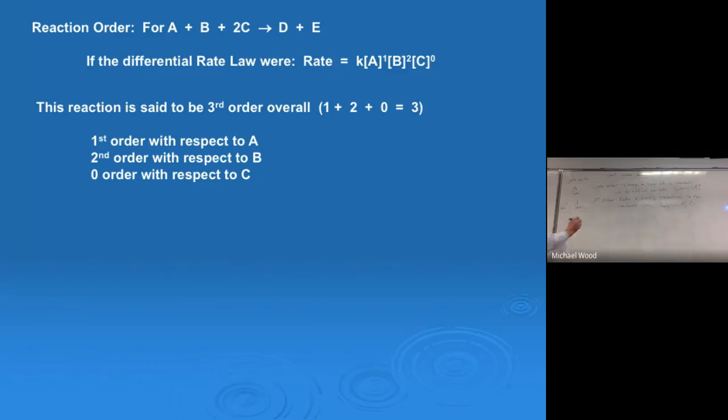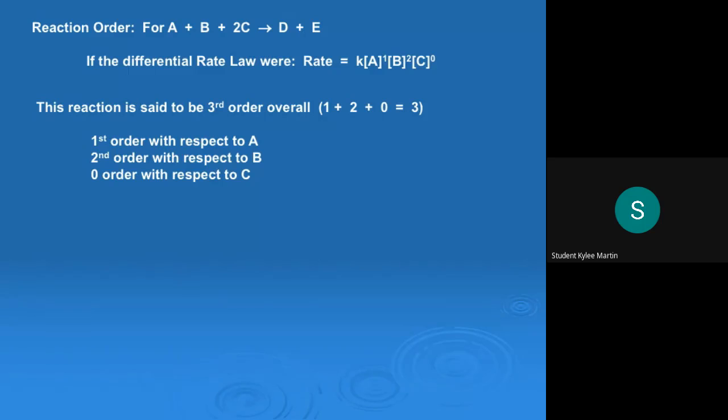Okay, if something is second order, here the concentration of the reactant squared changes the concentration, it squares the rate.